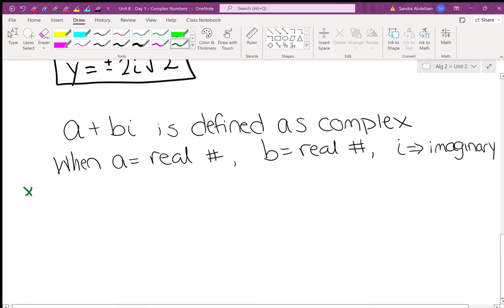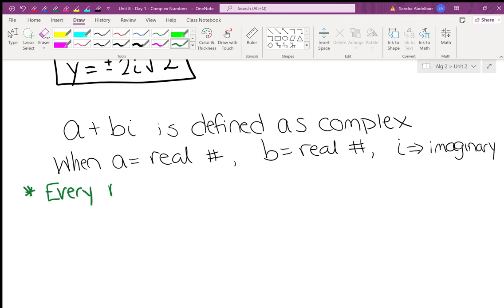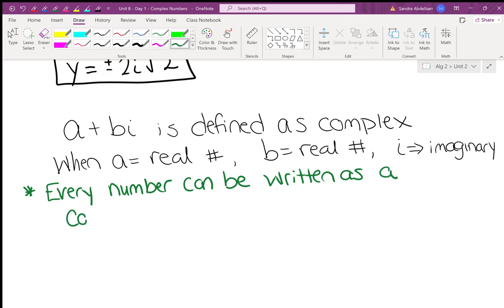And then I'm going to put a little star, and I'm going to say every number can be written as a complex number. An example would be, let's say I have -5.